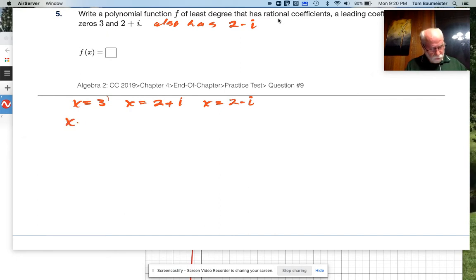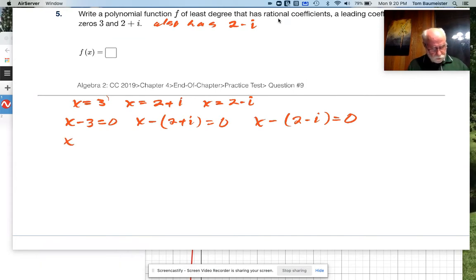If I move that 3 over to the other side, it becomes negative. So I'll get x minus 3 is equal to 0. I'll get x minus, now put that in parentheses, 2 plus i is equal to 0. And we'll get x minus 2 minus i is equal to 0.